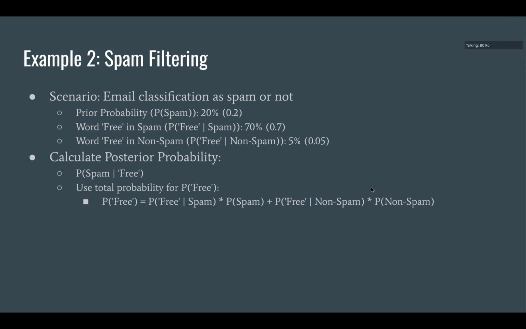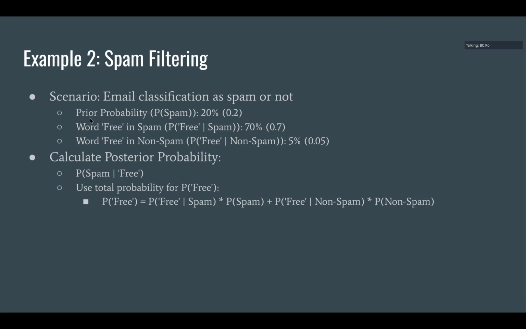Now, we're going to look at another example, which involves email spam filtering. Say we are trying to classify an email as spam or not based on whether it contains the word free. Here are the details.